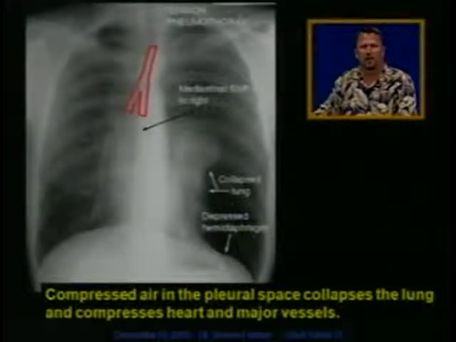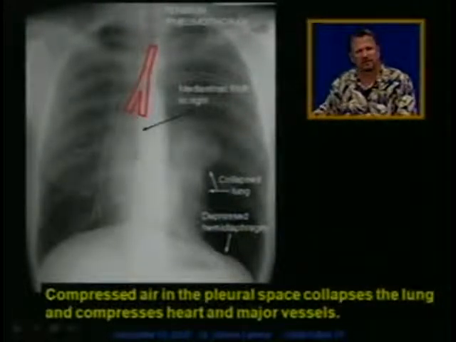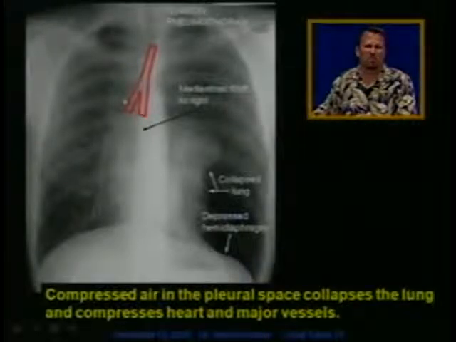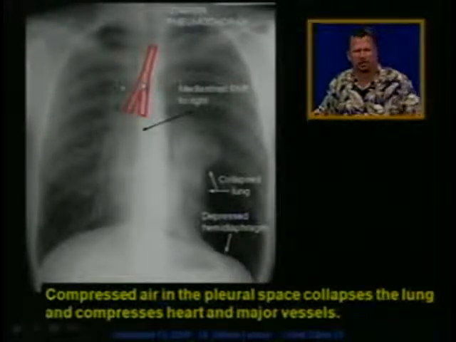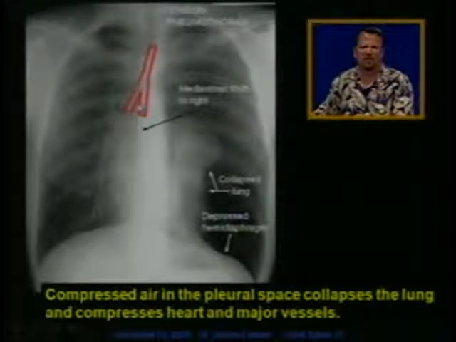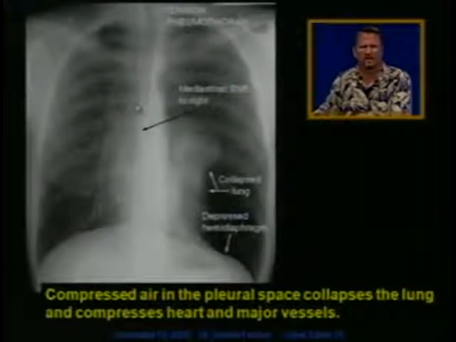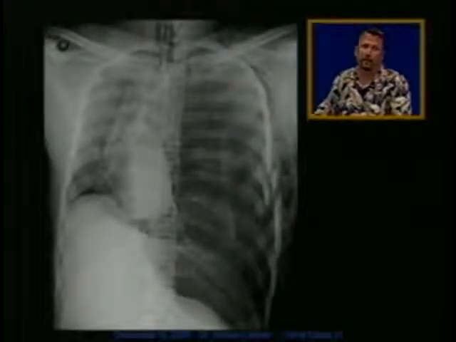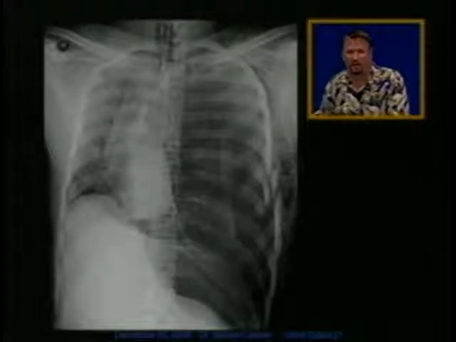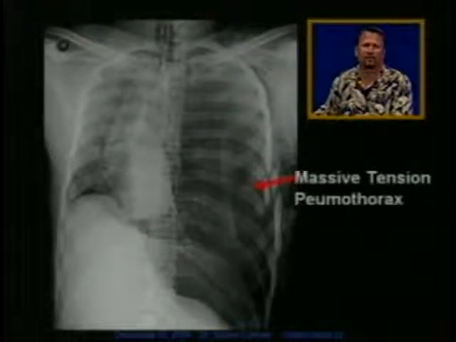Something else you'll see on a tension pneumothorax, because it's shifted over, you see our bronchus, and where it divides in the two main stems is shifted across the midline, and you can see that on a chest x-ray of a tension pneumothorax if you look very carefully. Well, here is a severe tension pneumothorax x-ray.